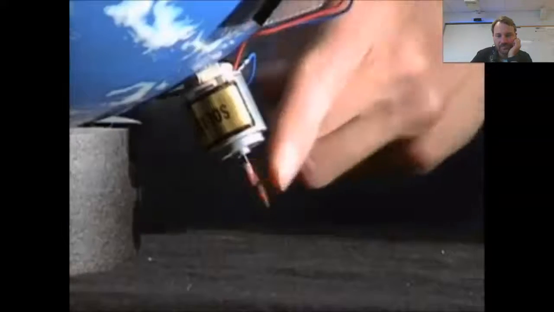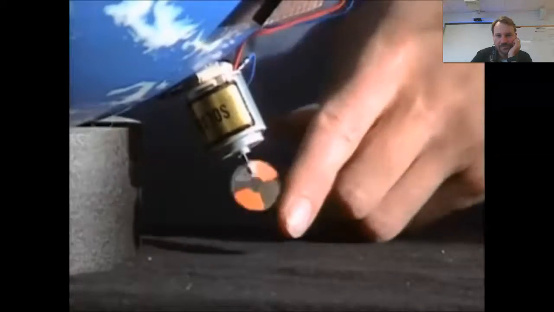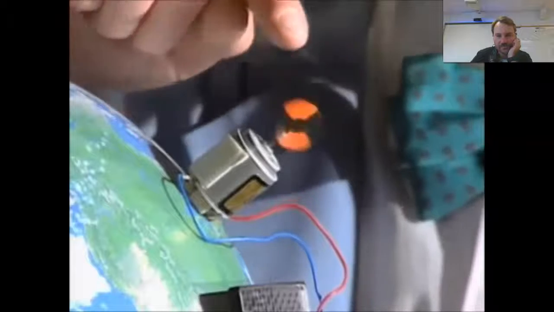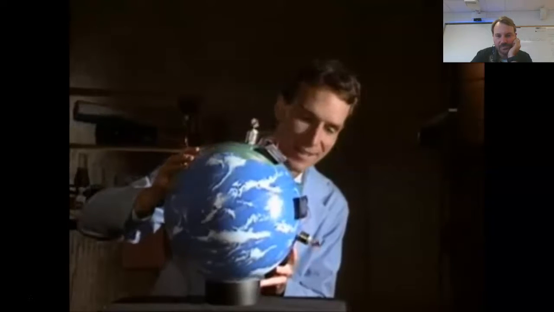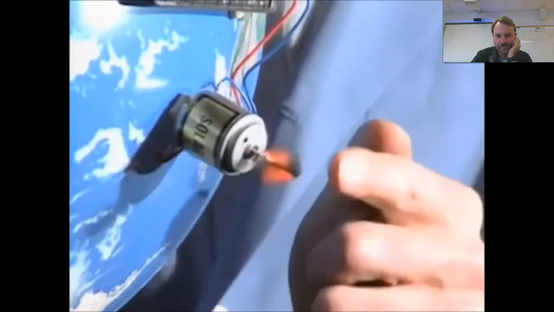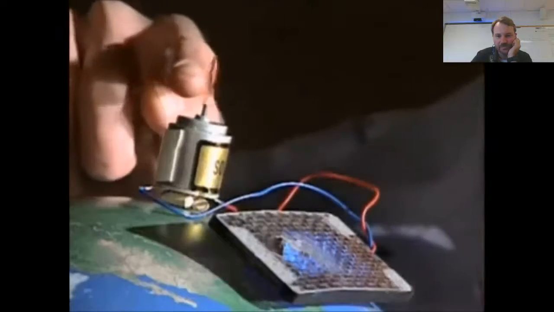Now look. The motor in the southern hemisphere is just barely moving, while the motor in the northern hemisphere is spinning like crazy. Now let's say it's 6 months later, and the Earth has gone around the sun so that its axis is tipped this way. Now look, it's reversed. The one in the south is going wild, and the one in the north is slowed way down.